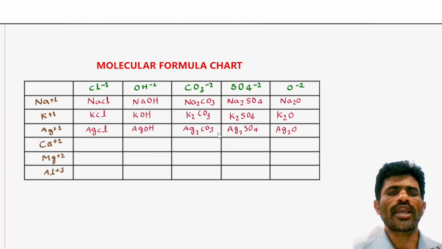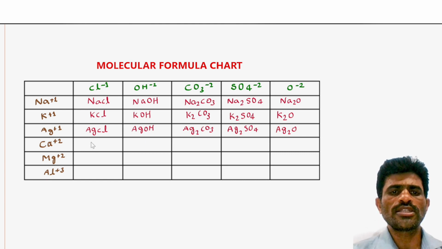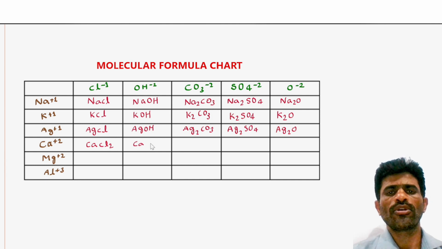Now coming to calcium, calcium valency is 2, from now onwards it is different, because calcium valency is 2. So here what we have to do, calcium valency should be multiplied to chlorine, so it is Cl2. We multiplied calcium valency to chlorine, but chlorine valency is 1 only. So CaCl2 it is. Coming to next, Ca, because hydroxide valency is 1, it will become only Ca, 1 will be multiplied.